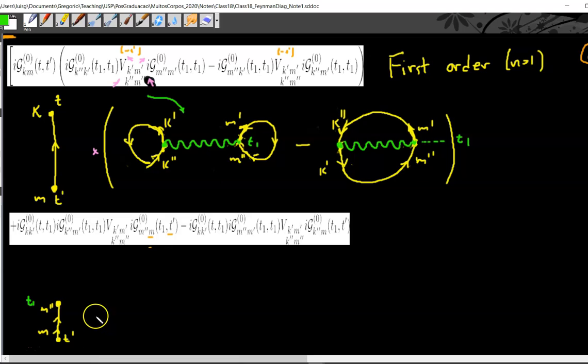All right. So this one, I'm going to draw the wavy line here that comes from this interaction in the horizontal direction, just to remember that this is kind of instantaneous. But I don't want to make much meaning about horizontal lines here, because many of these propagators start and end at the same time. So in principle, they all should be horizontal lines, but they're hard to draw.